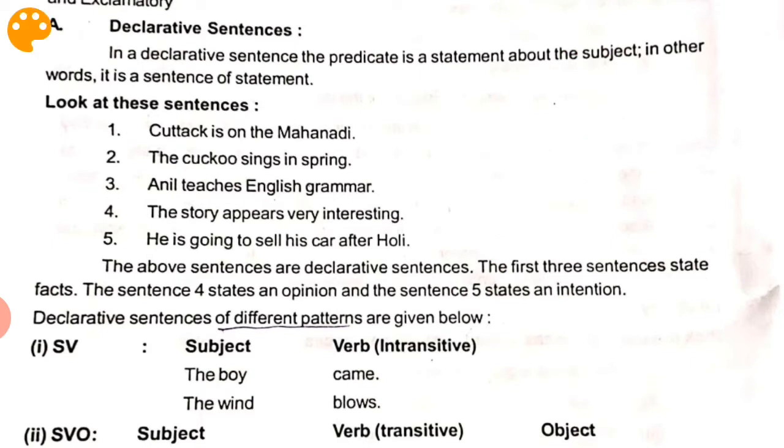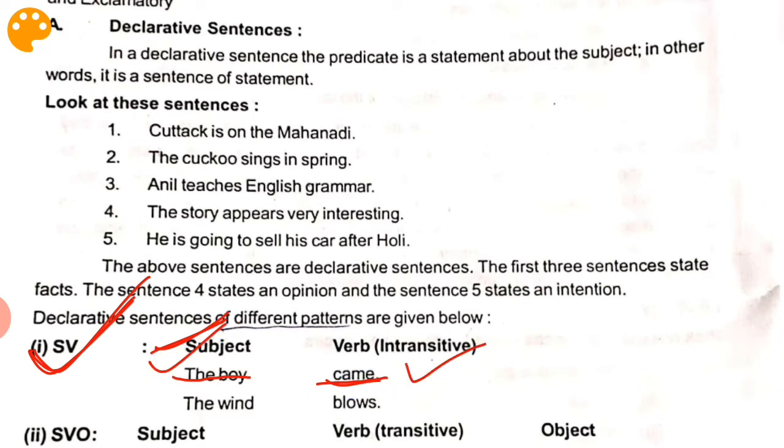Here is the first example of the SV pattern. It is the first pattern, subject and verb. The boy came. The boy is the doer, or subject here. Then the verb came. Boy is the subject and came is the verb.